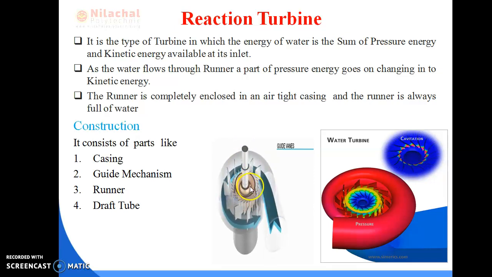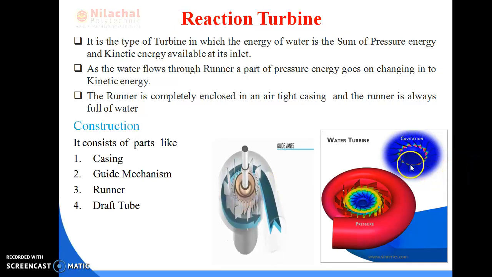The yellow color portion is known as the runner, over which blades are mounted, and this blue color arrow mark suggests that the water enters through the casing, followed by the guide mechanism, and the guide mechanism makes the water fall upon the runner plates.